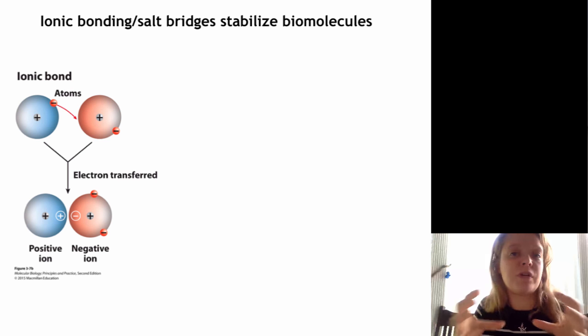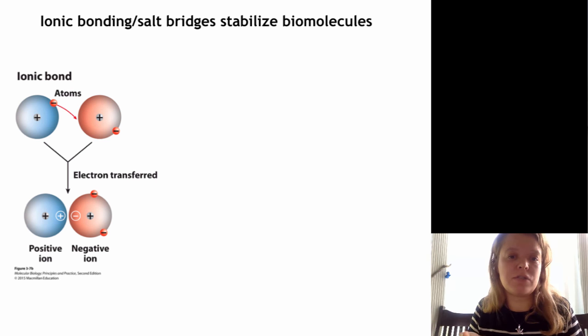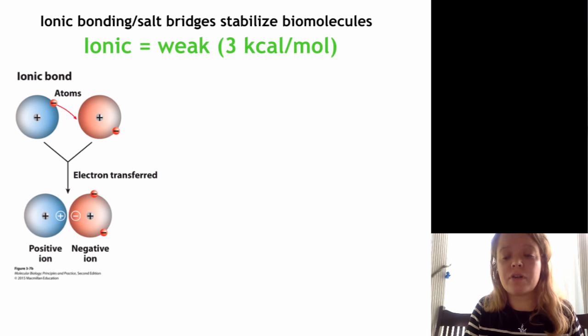Surprisingly, that does not make for a very stable linkage, because one of the atoms now acquires a positive charge, and the other acquires a negative charge because it has one extra electron. However, even though they're weak, they're extremely useful in biology.